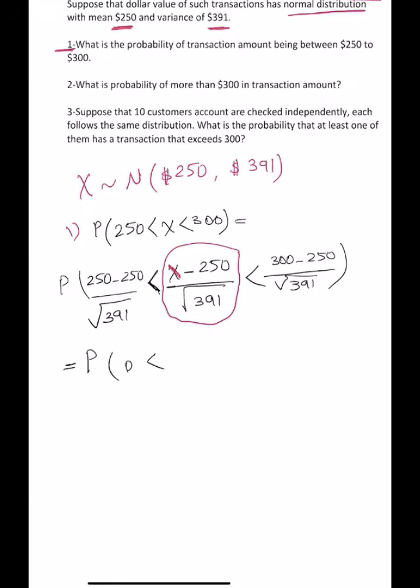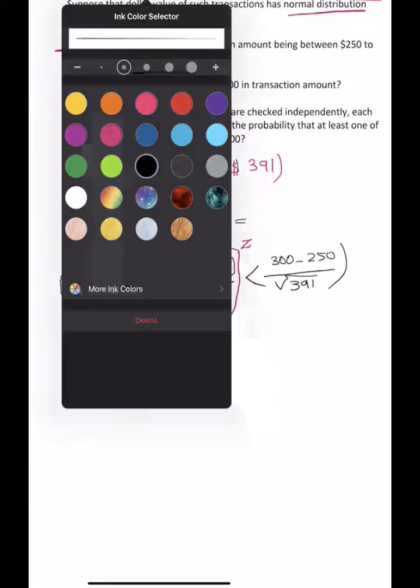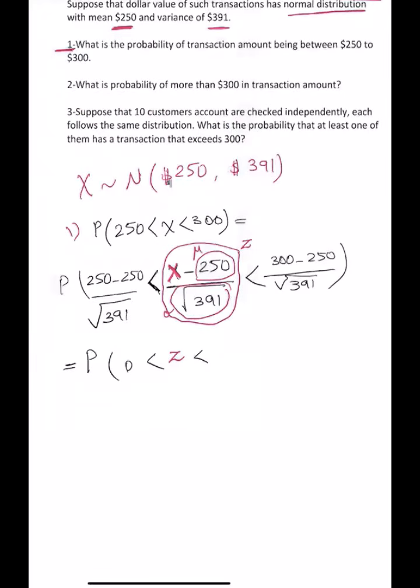For any random variable, Z. Exactly. If I deduct its mean from it and I divide it by its standard deviation, then that random variable is Z. And on the right side, I have 300 minus 250, 50 over the square root of 391.